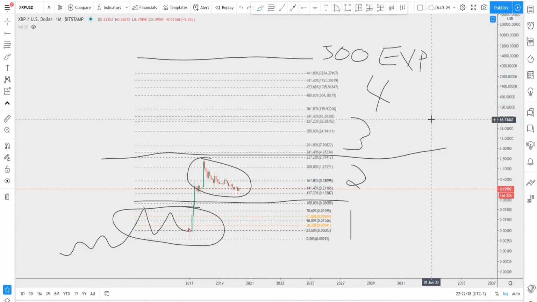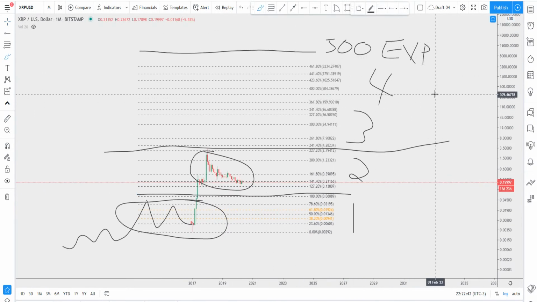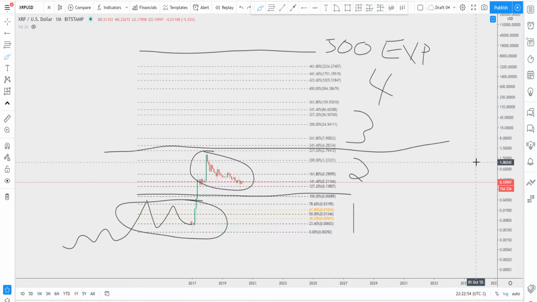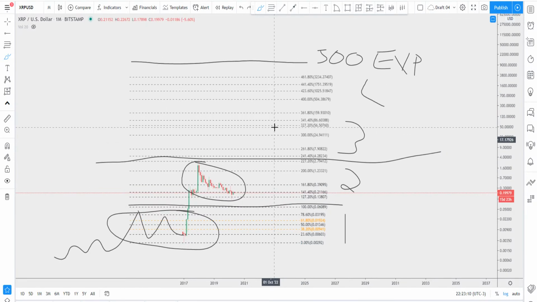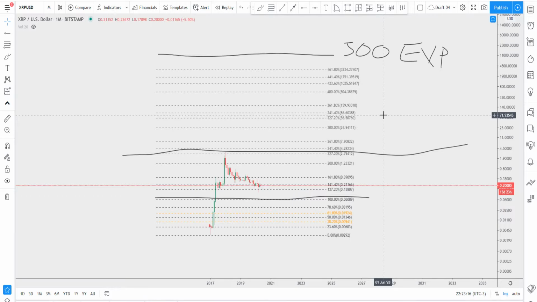So we don't know. I believe nobody knows, because as you guys know, ODL is still like a child. We haven't solved the true potential yet. So I don't think there is a limit for the expansion, because we know this expansion is driven by and will be driven by volume and not by speculation, because we know the Bitcoin whales and the exchanges hate XRP.